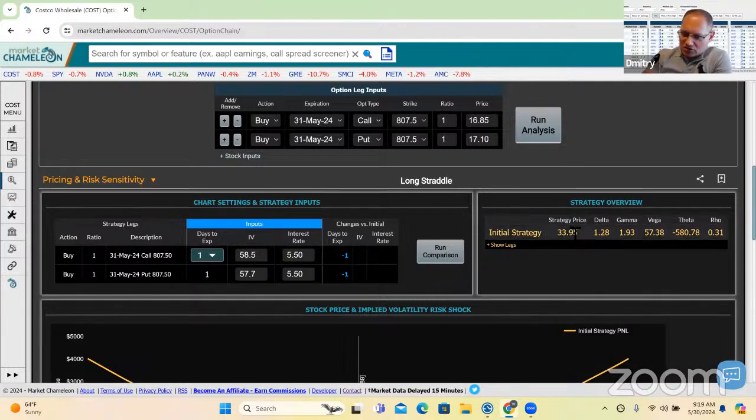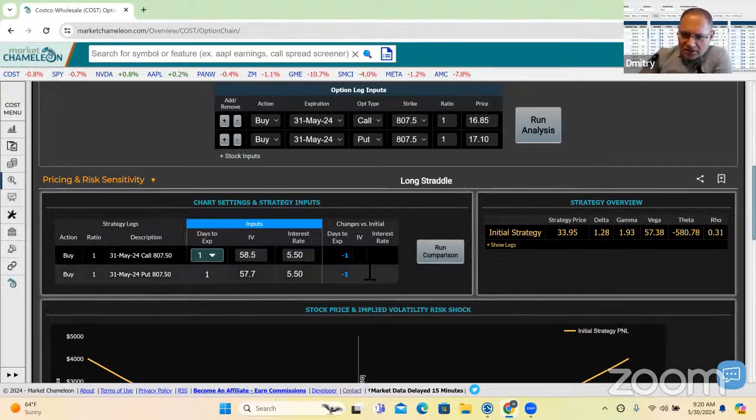This is the cost. This is the delta, the gamma, the vega. These are my risk sensitivities. The delta is the sensitivity of the strategy based on the stock movement. The gamma is what the delta will change by for every dollar move in the stock. The vega is the sensitivity to the implied volatility. This is my theta, how much they decay, and my rho, risk to the interest rate.